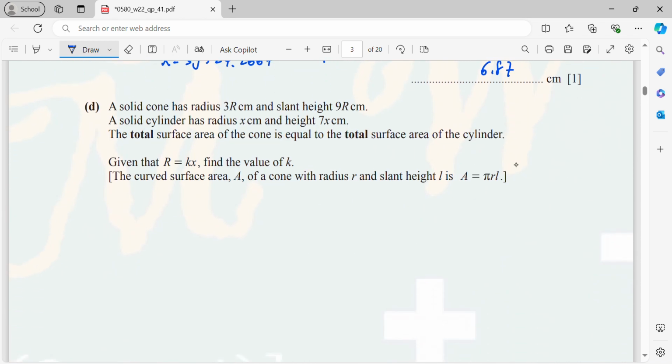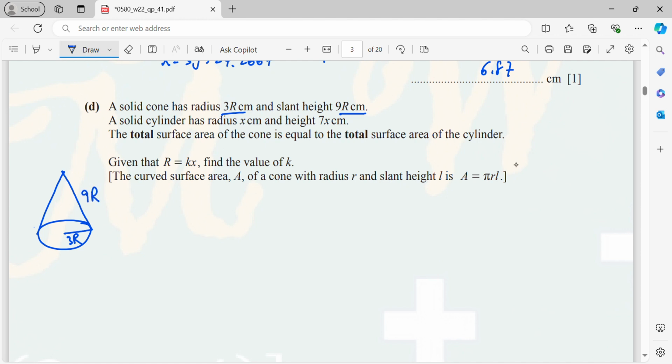D. A solid cone has radius 3r centimeters and slant height 9r centimeters. So let's say this is the cone. Radius 3r, here is 3r. The slant height is 9r.